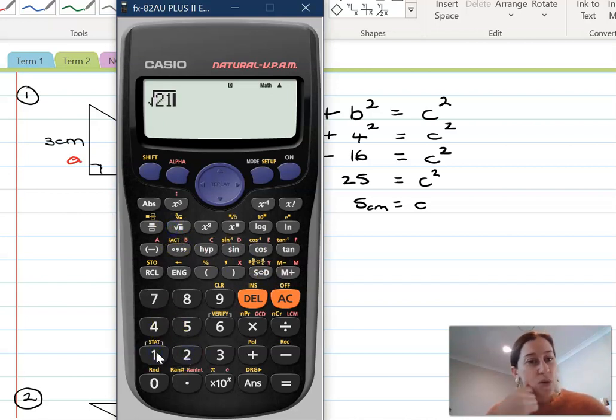The two square numbers in between are 16 and 25. The square root of 25 is 5, and the square root of 16 is 4, so the square root of 21 must be somewhere between 4 and 5. Let's check. When we press equals, we get 4.58, which is reasonable and what we would expect.